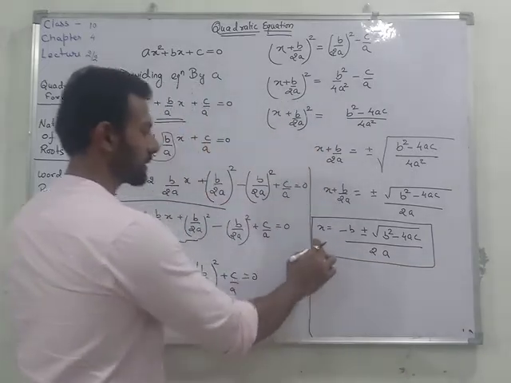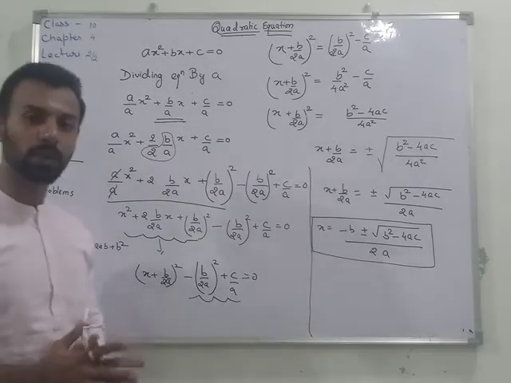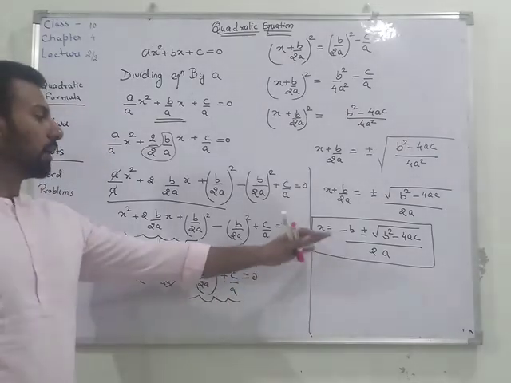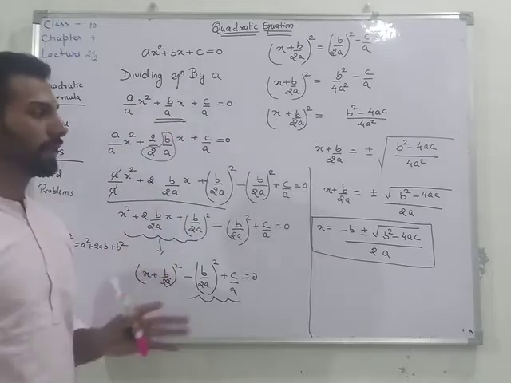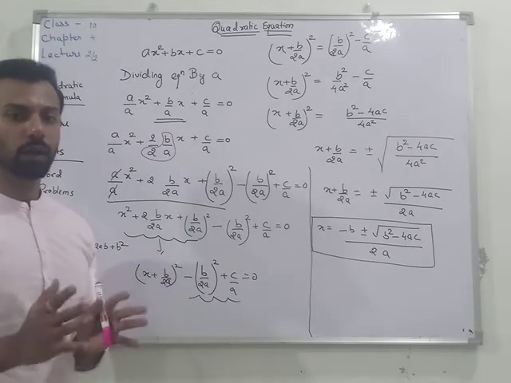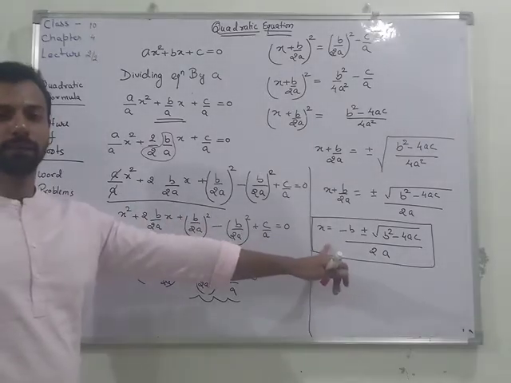So this last expression which we are getting, x is equal to minus b plus minus under root of b square minus 4ac upon twice of a, is the formula to find the roots of the given quadratic equation. Let us see how we are going to solve a question based on the quadratic formula.